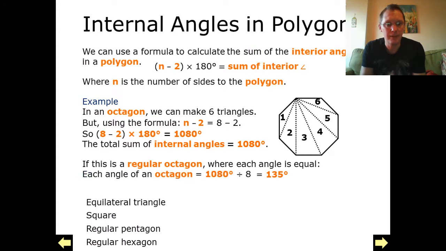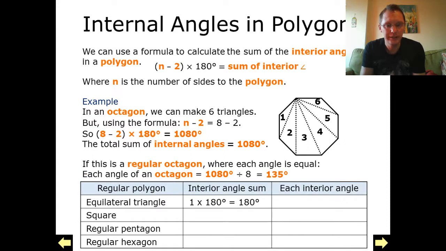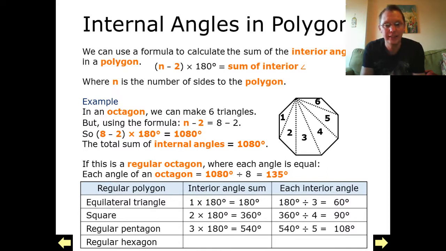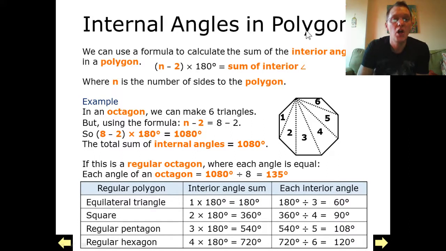Now, here I am breaking things up into various parts by using a formula to actually calculate the sum of the interior angles. What I've actually used here is n minus 2, multiplying that by 180, that will give me the sum of the interior angles, where n is the number of sides of the polygon. So using my octagon, if I was to use my method beforehand, this splits up into 6 triangles.